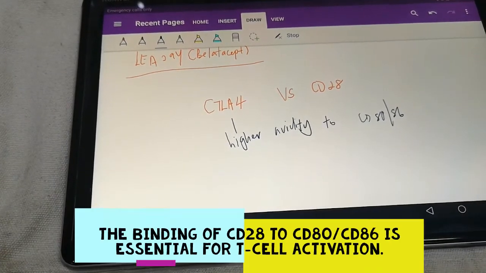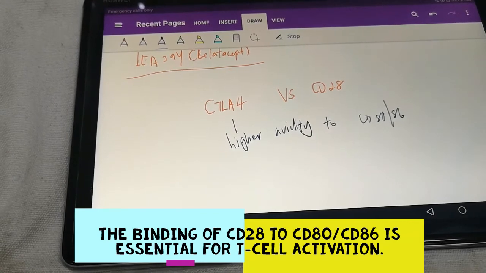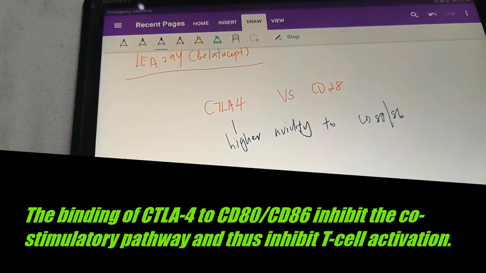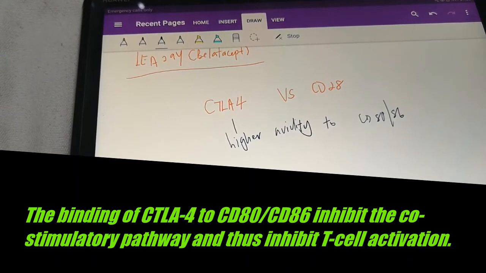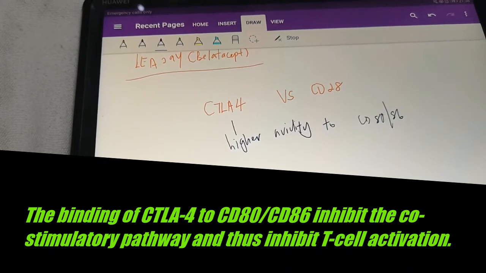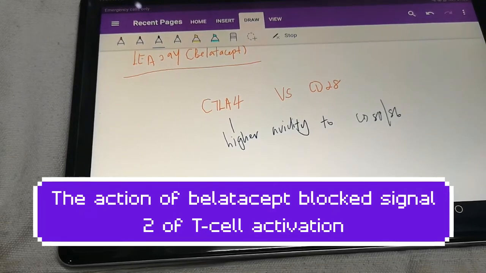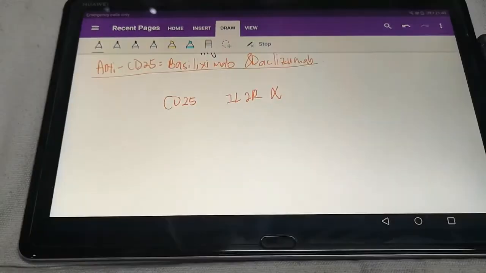The binding of the CD28 to the CD80 or CD86 is essential for T-cell activation. The binding of the CTLA4 to the CD80 or CD86 inhibits the costimulatory pathway, thus inhibiting T-cell activation. The action of this antibody blocks signal 2 of T-cell activation.